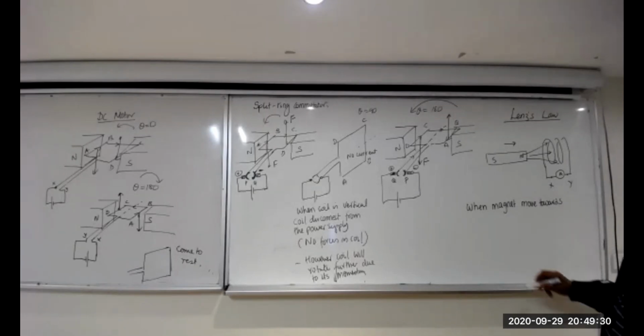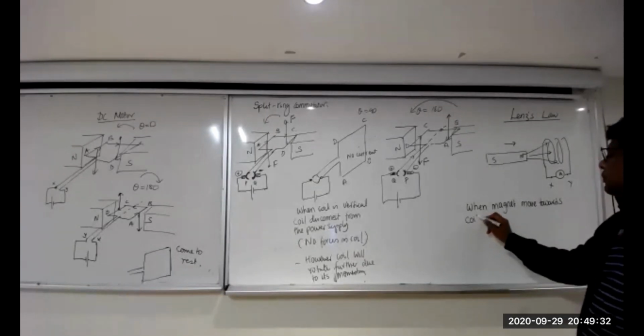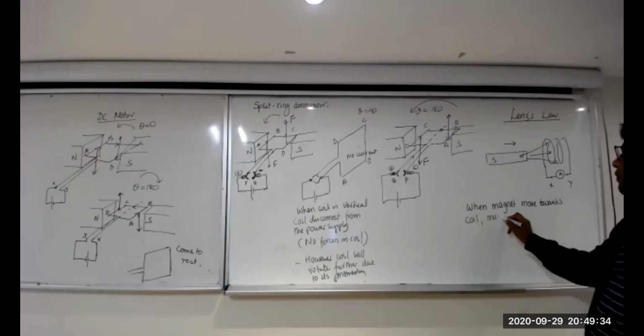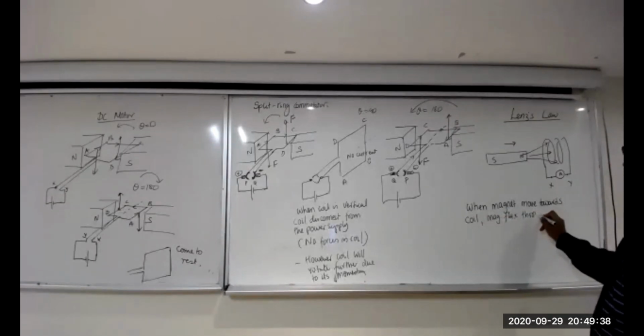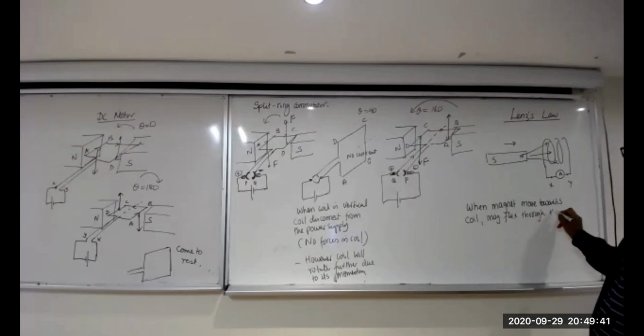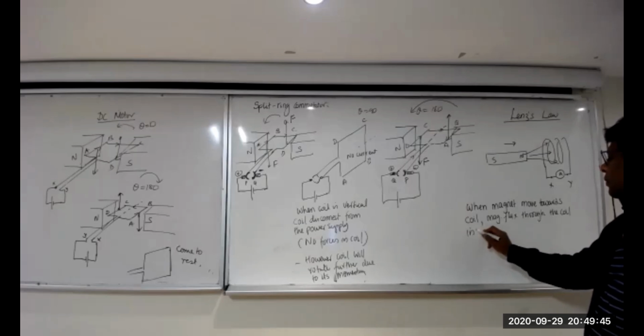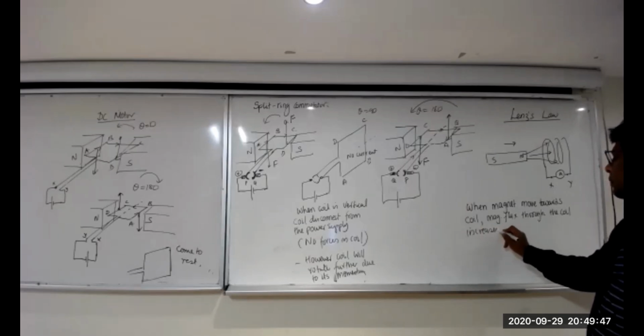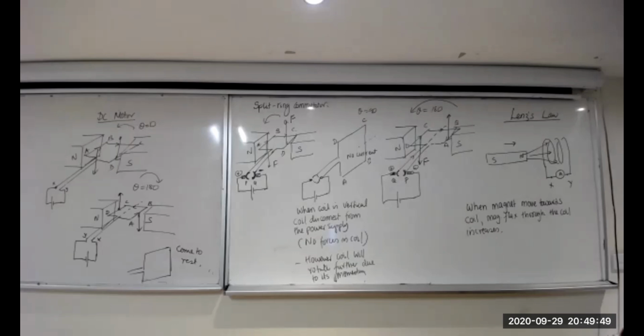When the magnet moves towards the coil, magnetic flux through the coil increases. Okay, so when there is a change in flux, there is induced EMF.